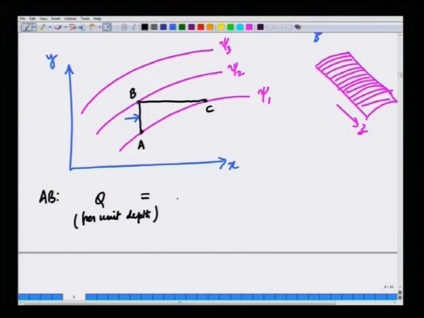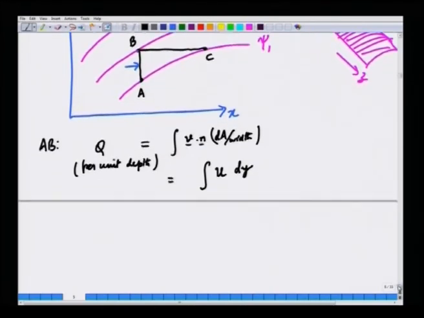So, the volumetric flow rate is nothing but an integral. In principle, it is V dot n times dA. But since it is per unit width, we write it as dA per width, and for this simple system, since V is purely along the x direction, V dot n becomes u, and the coordinate for integration is simply dy per unit width of the third direction.